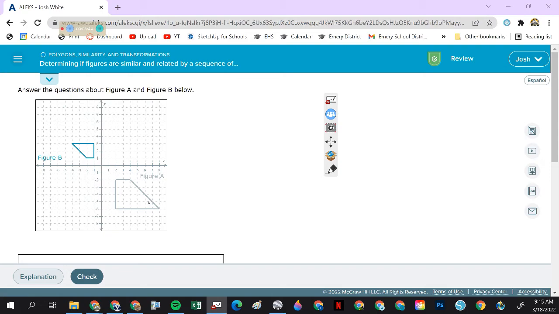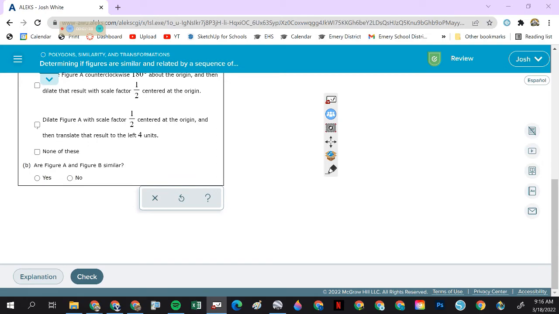So if I took this and I rotated it 180 degrees, so that would be 90, 180, and then cut it in half, would it end up looking like that? Yes. So this point, 2, -2, is going to rotate, and it's going to be -2, 2. Cut that in half, and it turns into -1, 1. So yeah, it's going to be this one.